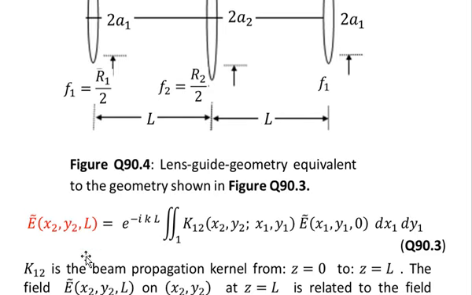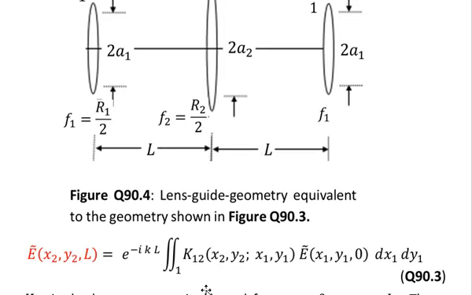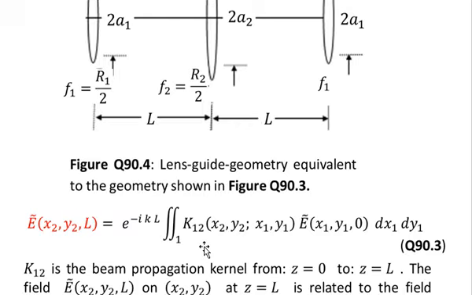E prime of x2, y2, L, that is the field at the plane of lens 2, is equal to e to the power minus iota kL, and the integral is over the diaphragm of lens 1. Then we have kappa 12, which is the propagation kernel. Kappa 12 is a function of x2 y2 comma x1 y1, and then we have the initial field at the lens aperture 1, which is E prime of x1 y1 0, and of course the integral variables are dx1 and dy1.